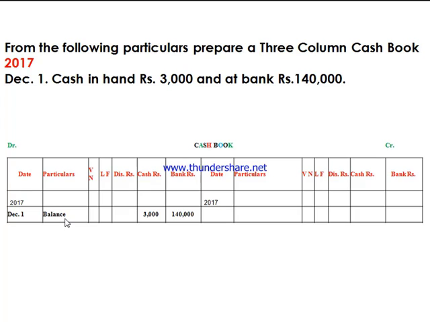Here is the balance, and write down 3000 under the cash column and 1,40,000 under the bank column in front of the row of the balance dated December 1st. This is our first transaction.